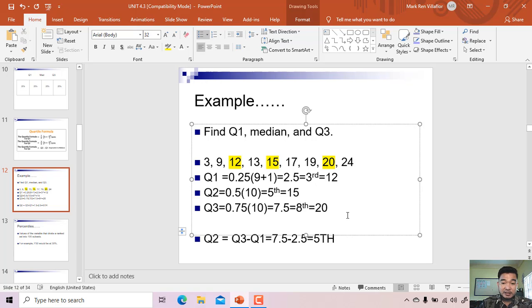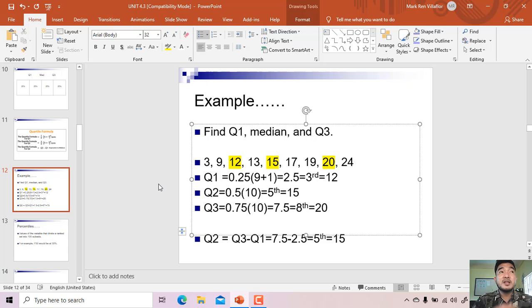So that's 5th. Tama yung nakuha natin nung umpisa. Ibig sabihin, kahit na ano yung gamitin nating formula sa pag-solve ng second quartile o ng median, you will still arrive at the same answer, which is the 5th or equal to 15 because the fifth number in the set of score is equal to 15.